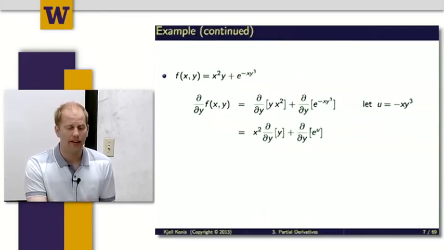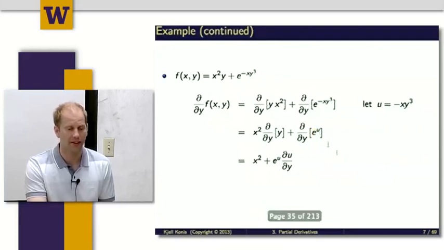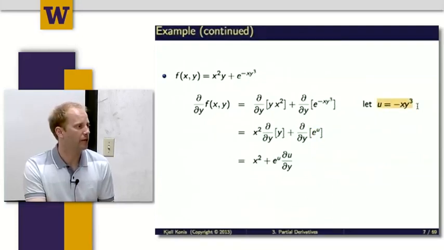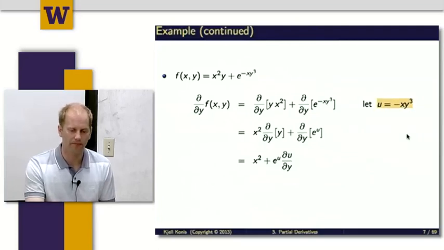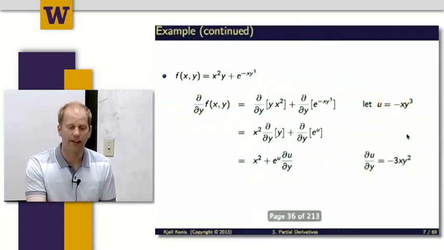And then on the right-hand term, I have partial with respect to y of e to the u. So by the chain rule, I'm going to have to multiply the derivative of e to the u times partial u partial y. And again, I'm just going to take the derivative, but this time with respect to y of my substitution. So that gives me my chain rule derivative.